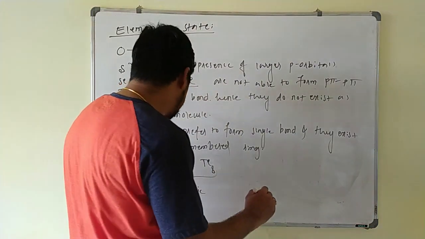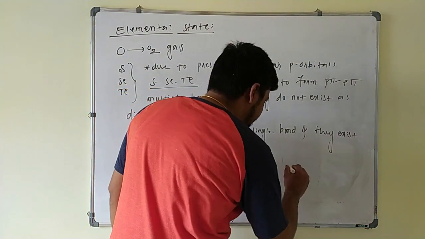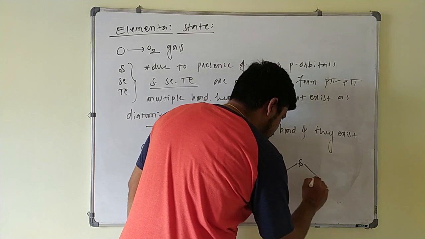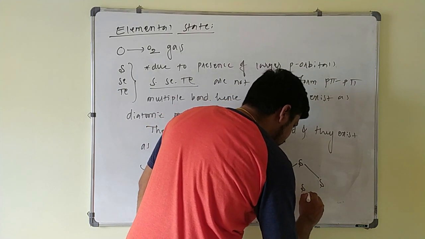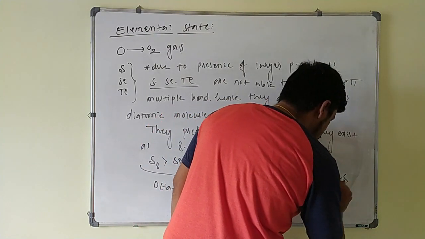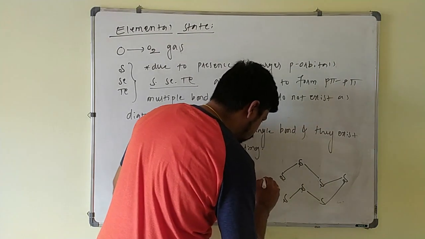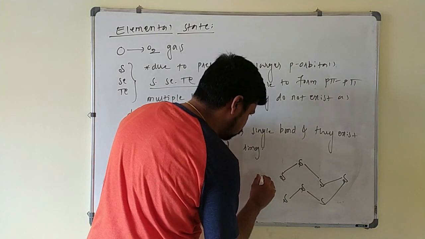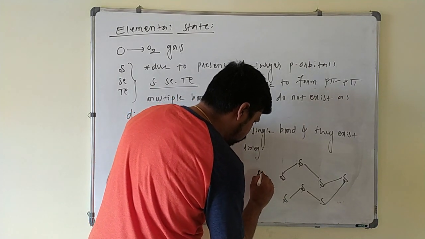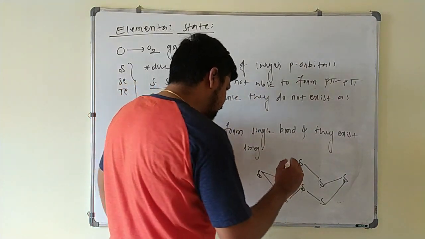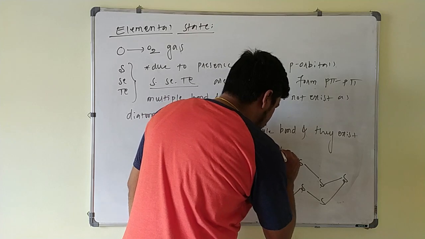Okay, it exists as an 8-membered ring, like it is having a crown shape like this. This is a sulfur and this is sulfur. This also sulfur. Okay, in this 8-membered ring, it is also called a crown shape.